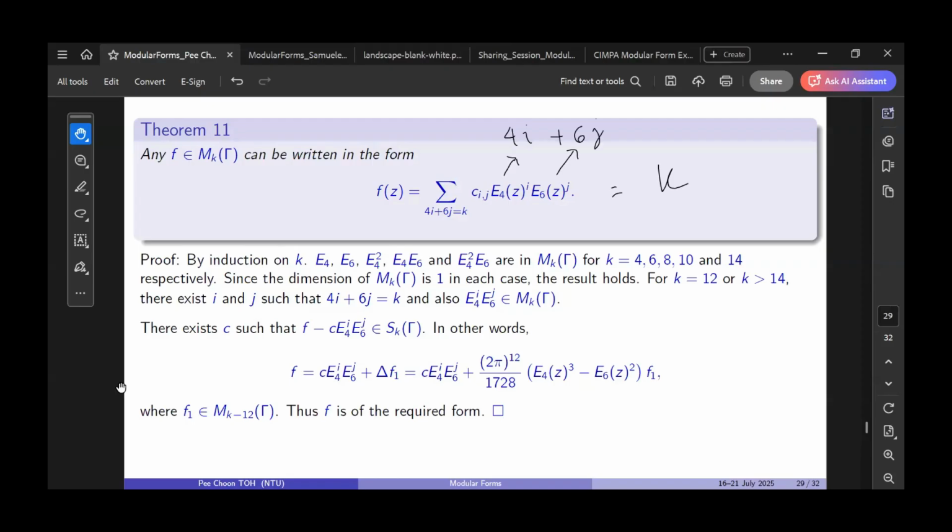If we multiply it, we have to make it k. So that's why this is the sum of all e, j where 4 times e plus 6 times j is equal to k. So basically a modular function with weight k is always a combination of E4 and E6.